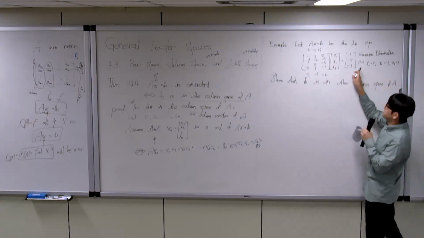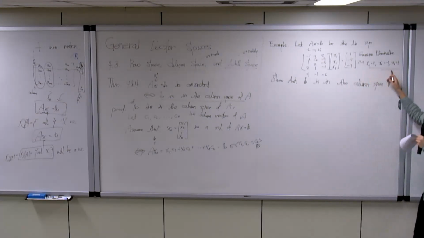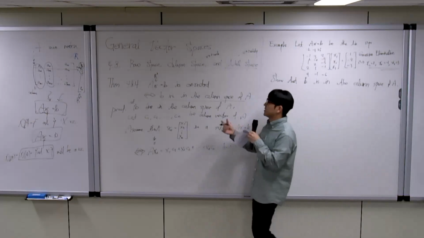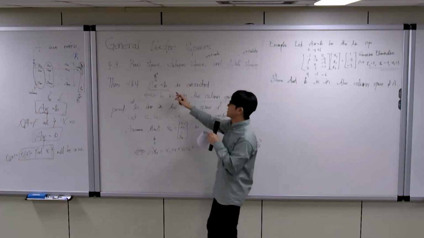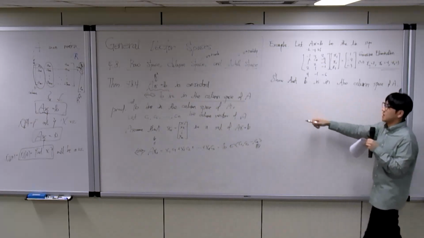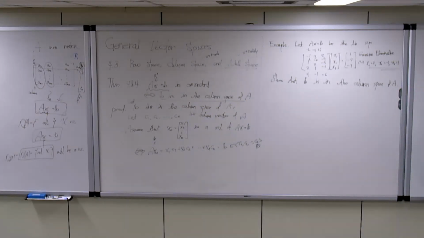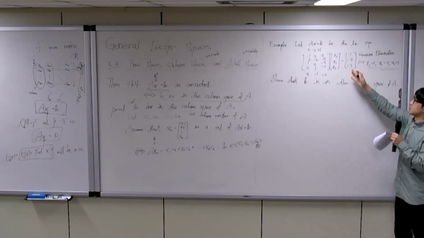Yeah. So it is the solution of this linear system. And since you find a solution of the linear system, b will be a linear combination of the column vectors.